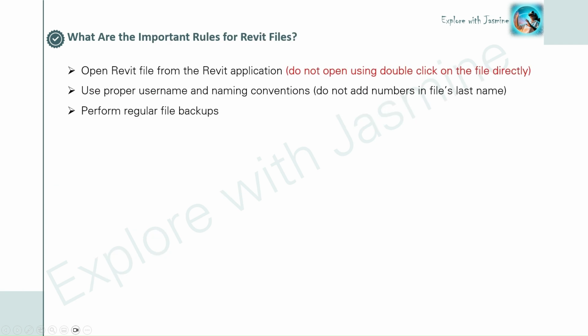What are the important rules for Revit files? Before working with Revit projects, there are several basic rules that users should follow to avoid file corruption, syncing issues, and project coordination problems.